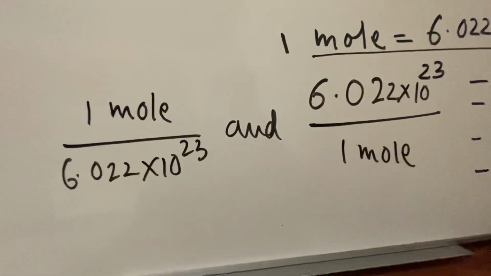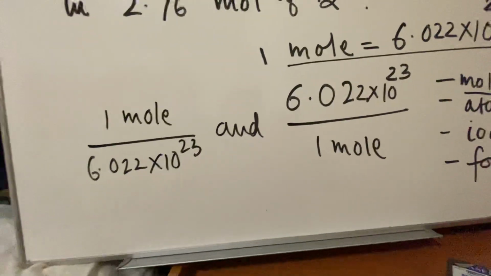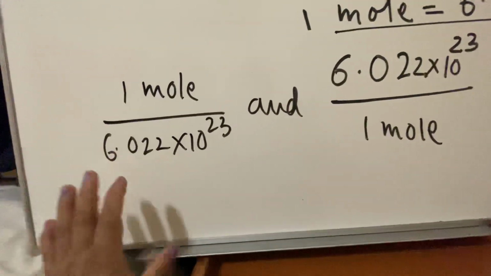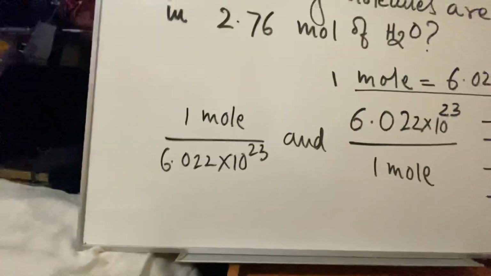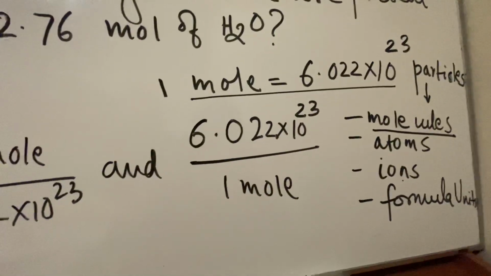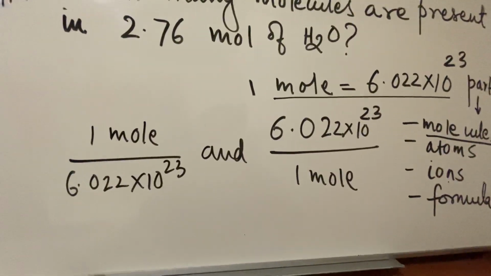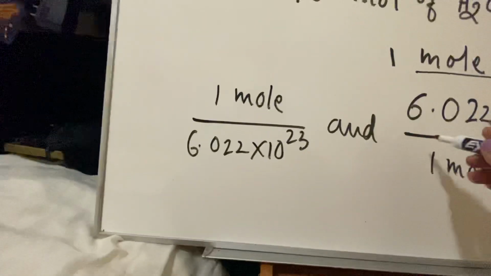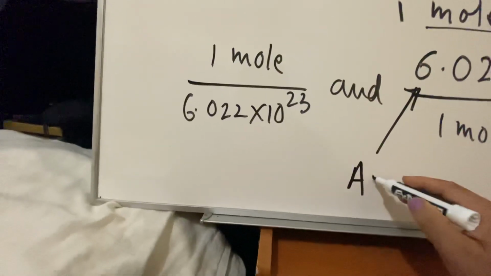Okay, so depending on what you need to calculate, you can either use 1 mole is 6.022 times 10 to the power 23, or 6.022 times 10 to the power 23 particles is equal to 1 mole. And this number is known as Avogadro's number.